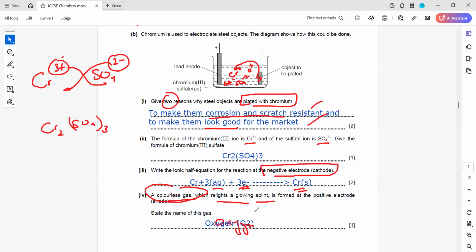If it was hydrogen, it would give a pop sound. Hydrogen is also colorless, but it gives a pop sound with a lighted splint, not a glowing splint.